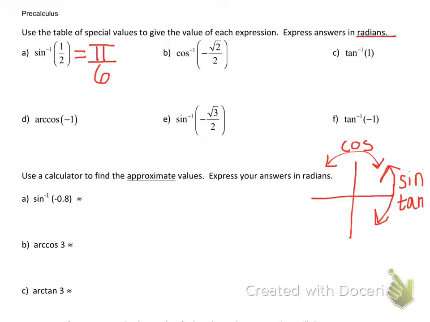So I'm going to go to cosine to root 2 over 2, and I get pi over 4. Now, pi over 4 is in the first quadrant. However, since our value of root 2 over 2 is negative, we know that cosine is going to be negative in quadrant 2. So the pi over 4 is useful because this is our reference angle.